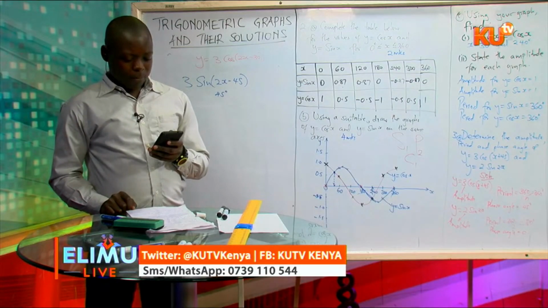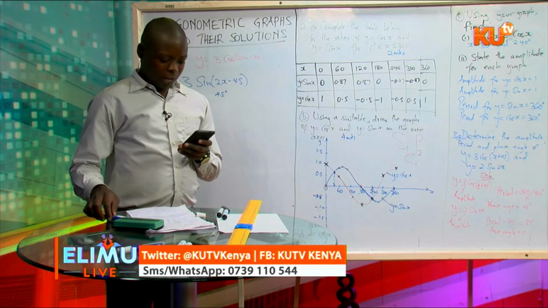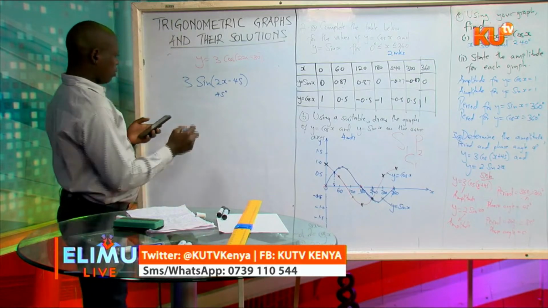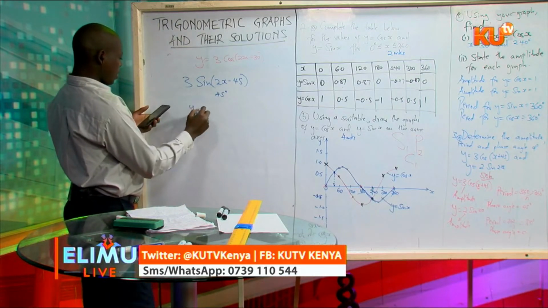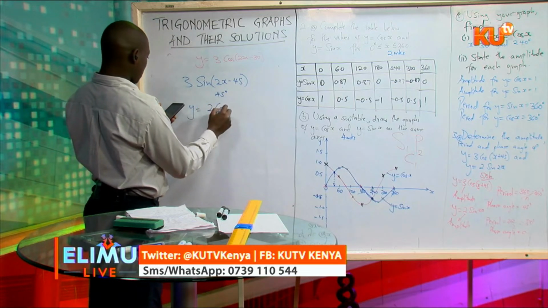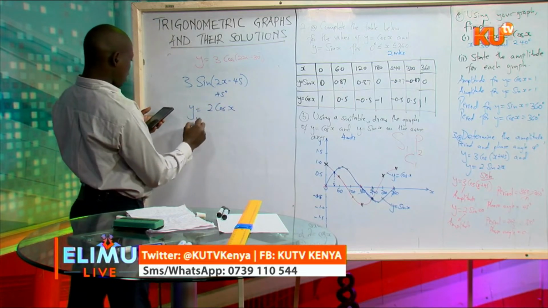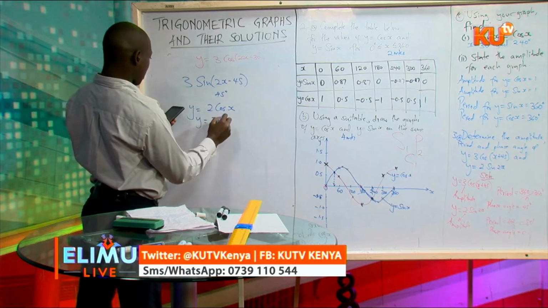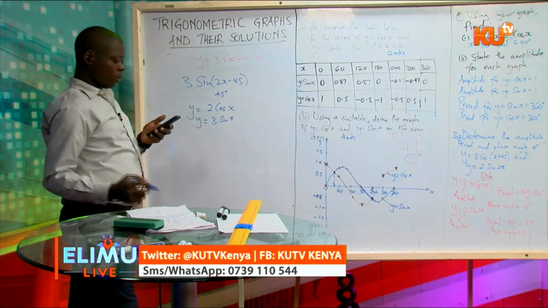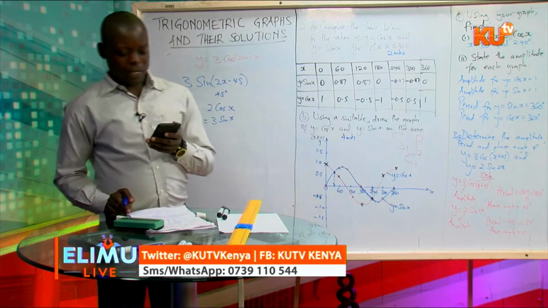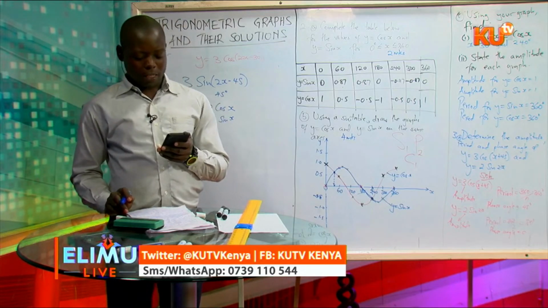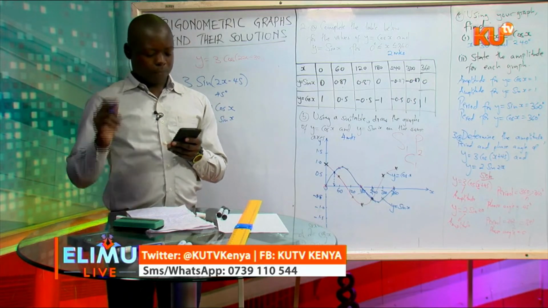This is Emmanuel from Kisumu. When given y is 2 cos x and y is 3 sin x, you are told to draw the graphs and use the graph to determine the values of x when 2 cos x equals 3 sin x.